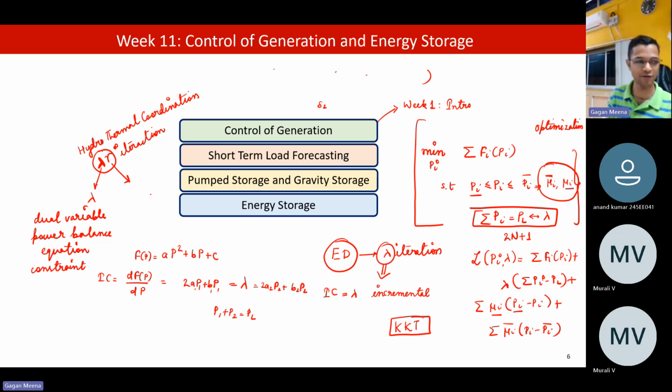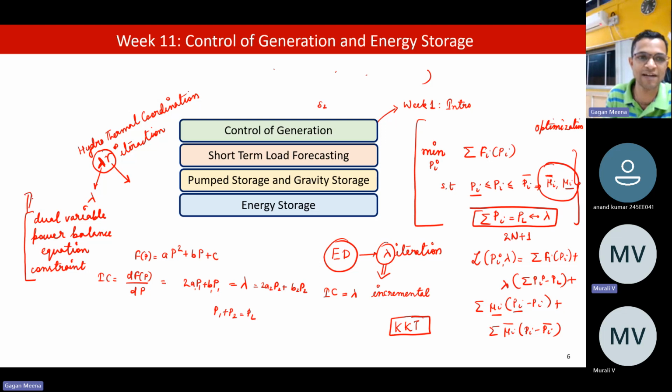So what are the two equations? The first one is power balance. We want to satisfy it. This is coming from the electrical power balance, load generation balance. This gamma is corresponding to which balance? What are we trying to balance here? Hydrothermal coordination, the hydel.